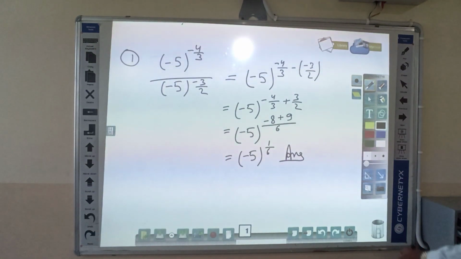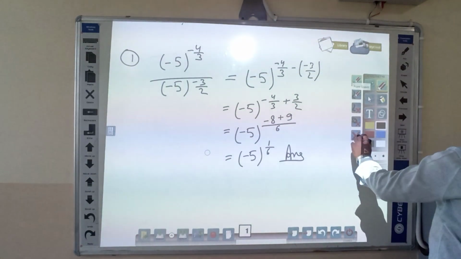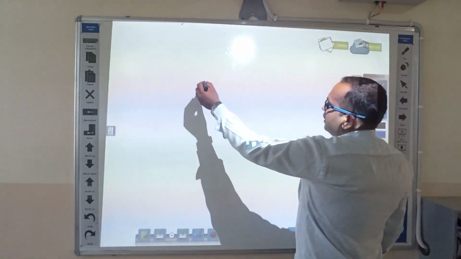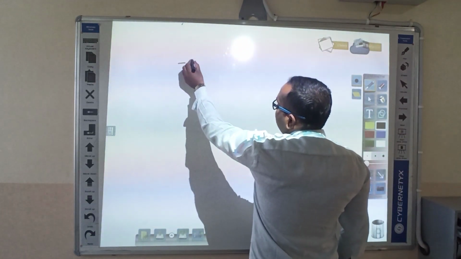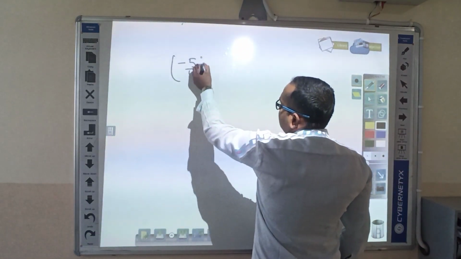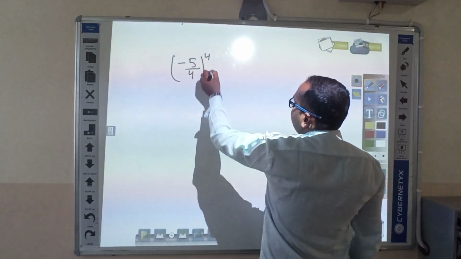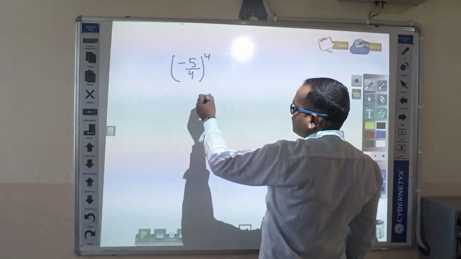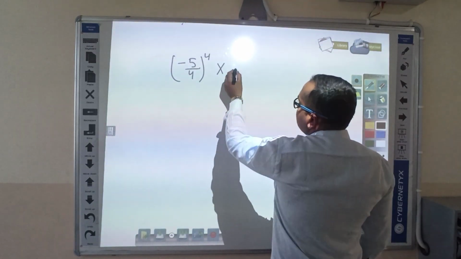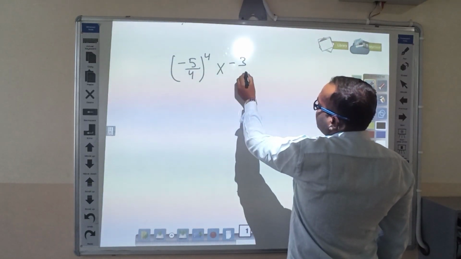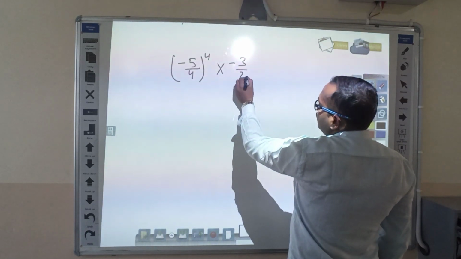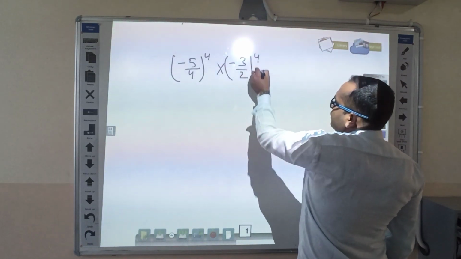Now we take one more example. If the number is minus 5 by 4 raised to the power 4, into minus 3 by 2 raised to the power 4.